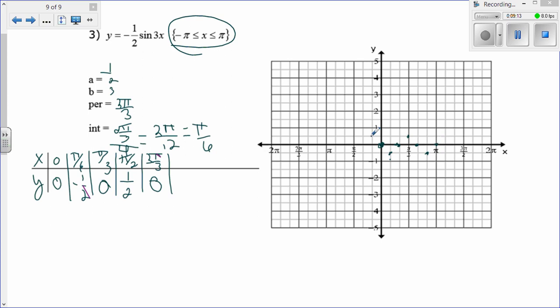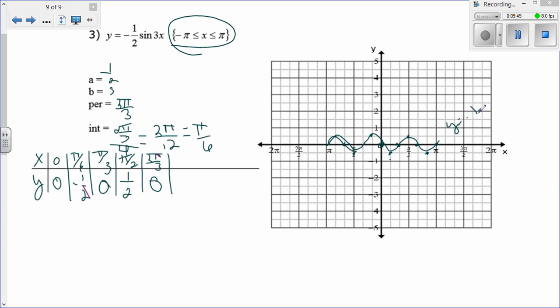So I'm going to go up to 1/2, down to 0, down to negative 1/2, back up to 0, then go up to 1/2, and then at negative pi be down at 0. So I need to draw my curve. It's harder for me to see this here because it's so small. Sorry guys.